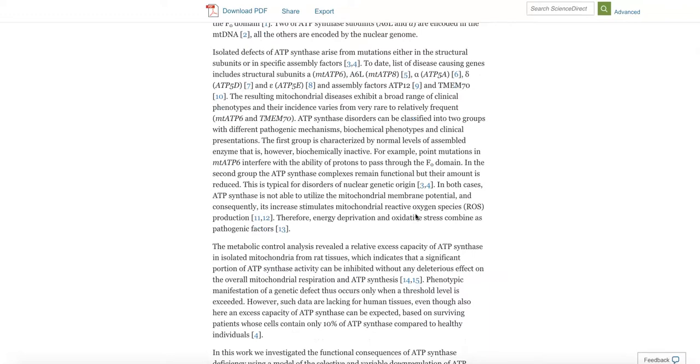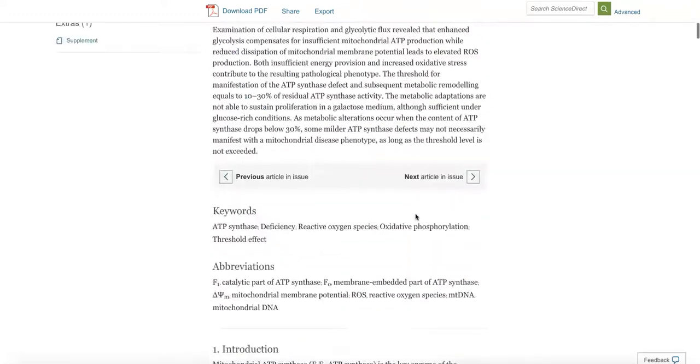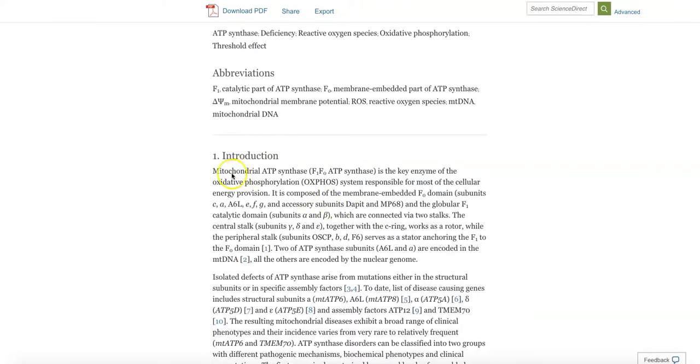And then it also talks a bit, if I can find it, right here in the introduction, in the first paragraph, about the structure of ATP synthase and the different subunits, and then it talks about how the defect of ATP synthase can come from mutations in these structural subunits.